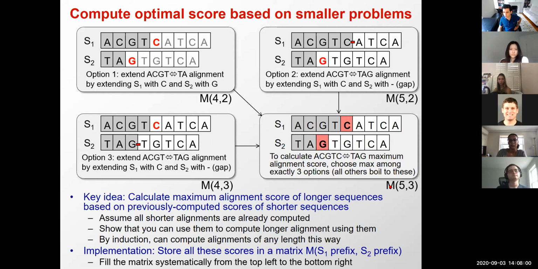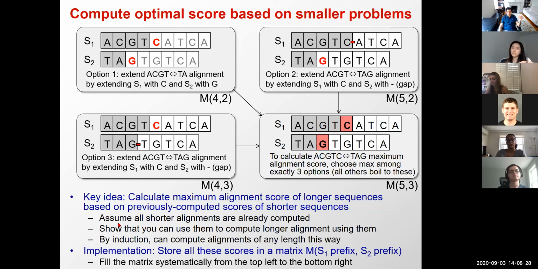So I'm entering now the score for position 5,3 by reusing the scores that I had at position 5,2, at position 4,2, and at position 4,3. Okay? So I'm sort of reusing the computation. So the key idea is that we're calculating the maximum alignment score of the longer sequences based on previously computed scores of shorter sequences.